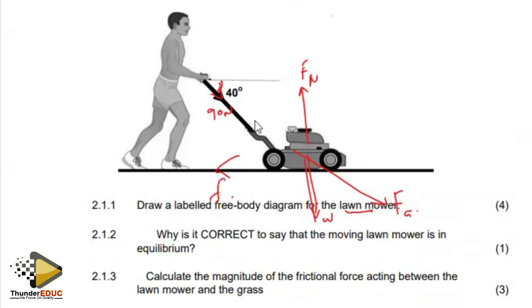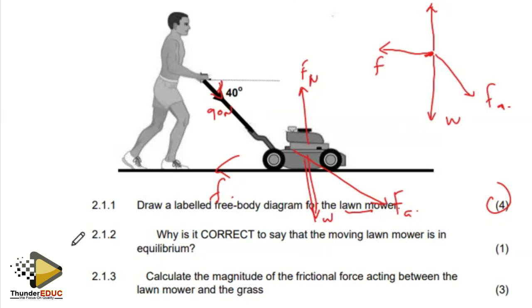So I need a minimum of 4 forces. I can indicate my N, my weight, my F friction, and the force applied in that direction. In most cases, we dislike components of forces, we just want the forces themselves.